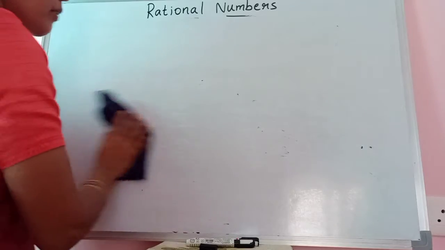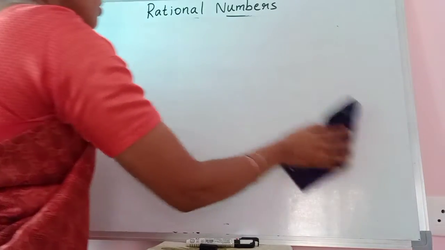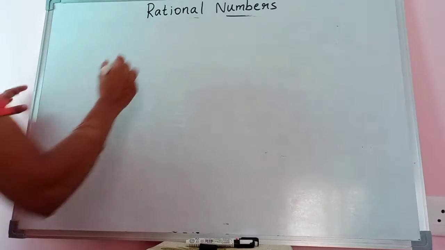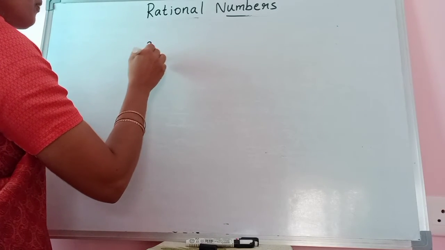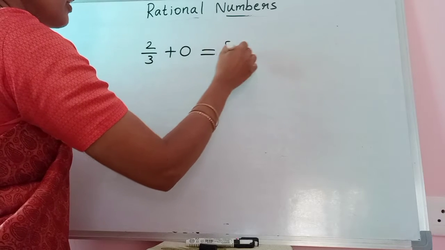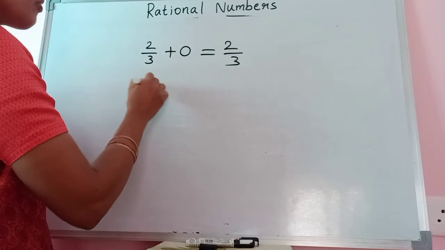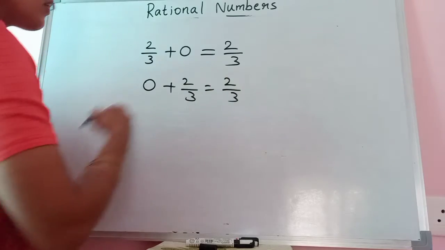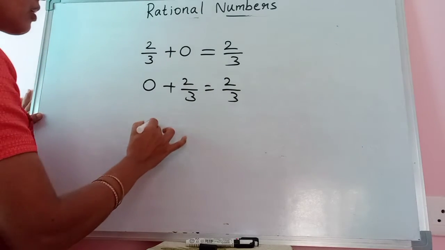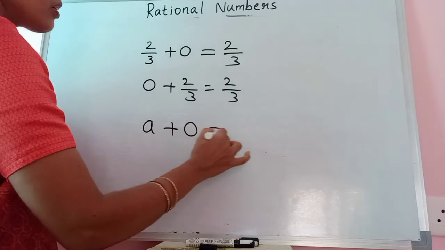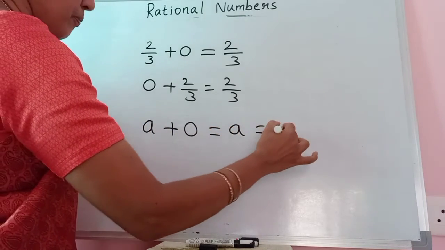You already know that by adding 0 to any rational number we get the same rational number. For example, if I add 0 to 2 by 3, I again get 2 by 3, or 0 added to 2 by 3 also gives 2 by 3. In general, 0 added to any rational number gives the same rational number.